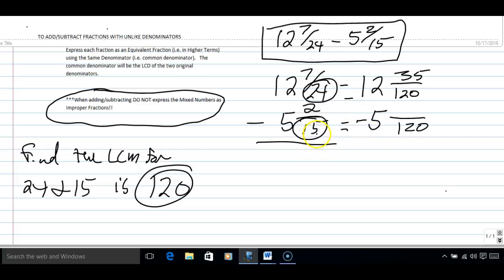And 15 will go into 120 8 times. And 2 times 8 is 16.